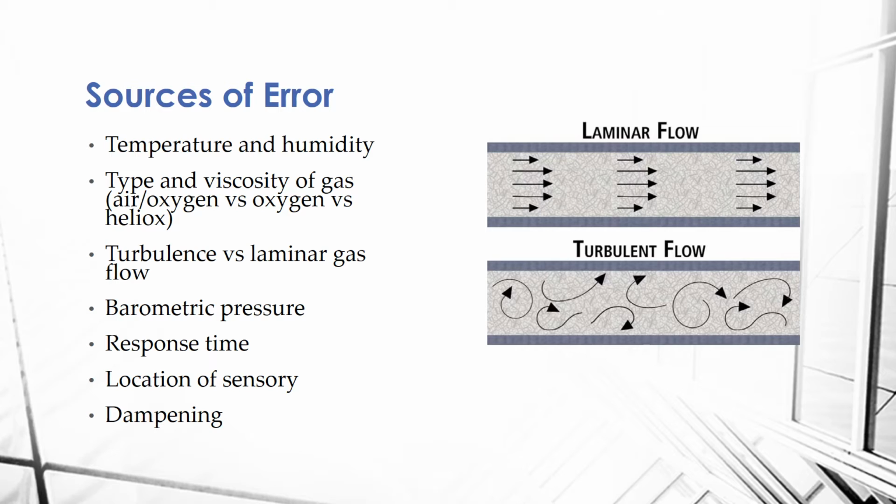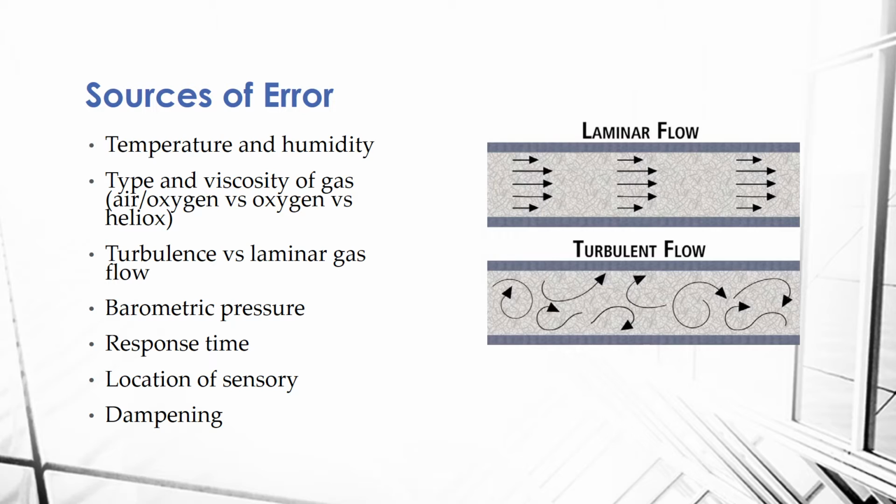Most ventilators aren't calibrated to use helium as a source gas. They're only calibrated to use air and oxygen. So if you start using heliox on these ventilators, there are going to be a lot of errors. The volumes and pressures that you're reading aren't going to be accurate, because the ventilator you're using was calibrated to use something else.